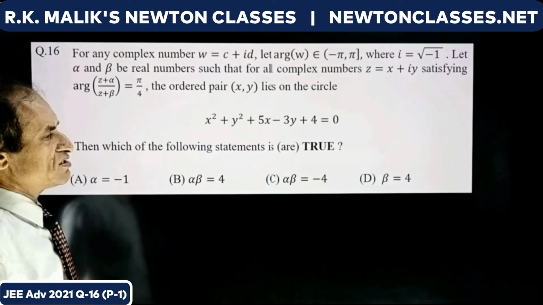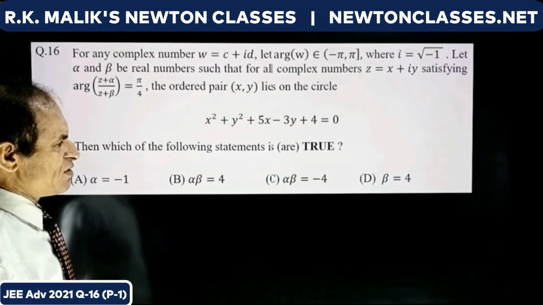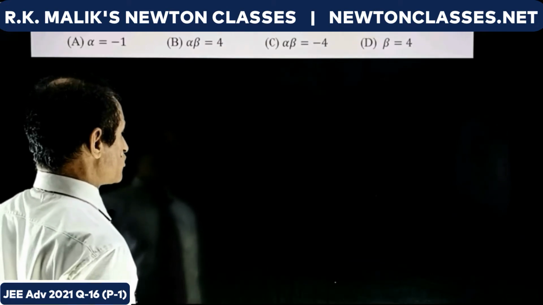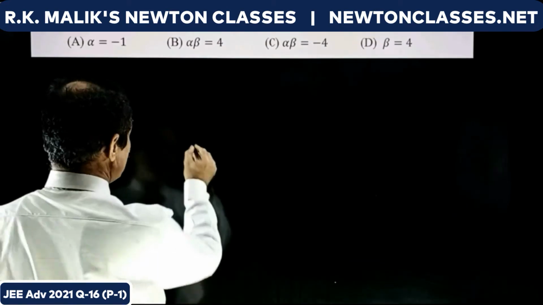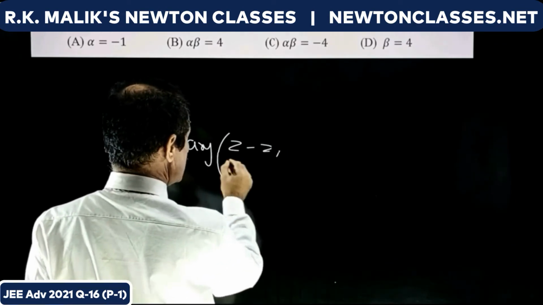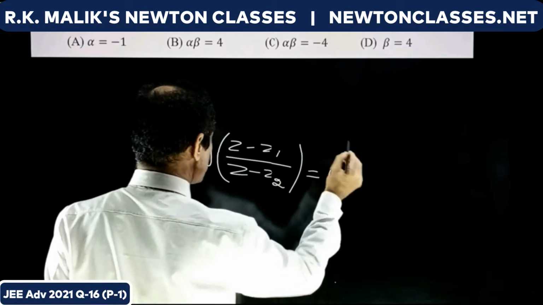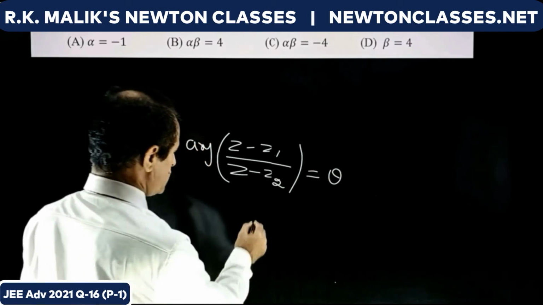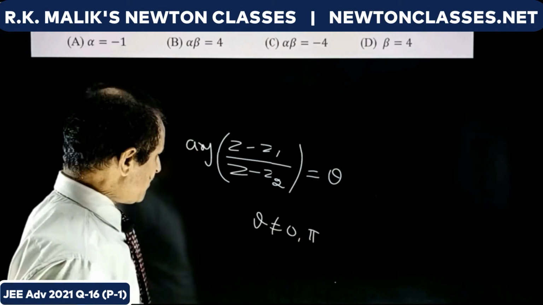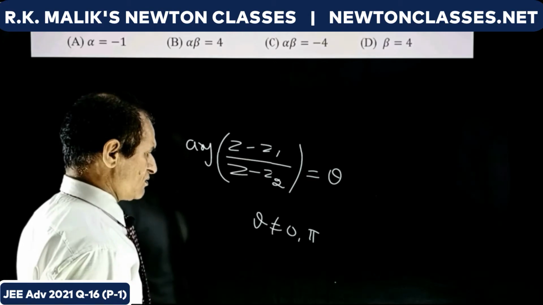Another way in which we take the help of coordinate geometry, that is too much length, therefore I will not explain that way. Before discussing the solution of this question, first I will make you understand that argument of (z minus z1) upon (z minus z2) is equal to theta, where theta is not equal to 0 or pi. I will prove that locus of z is a circle. Why?